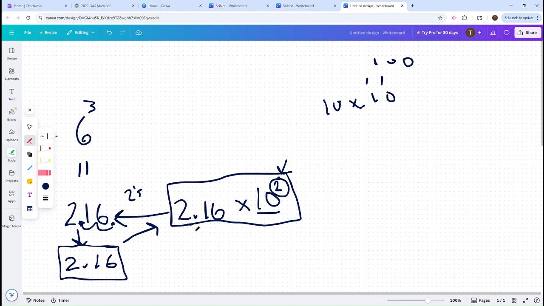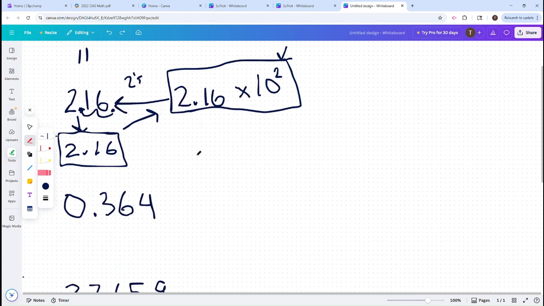So while it's a math problem and you can actually work it out and get the original number here, 216, this is correct. Okay, I'll get that circle off of there. There we are. This is correct. 2.16 times 10 to the second power.